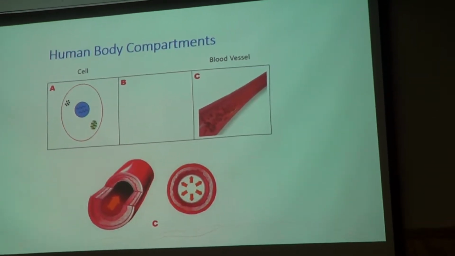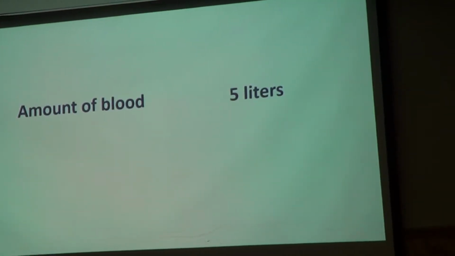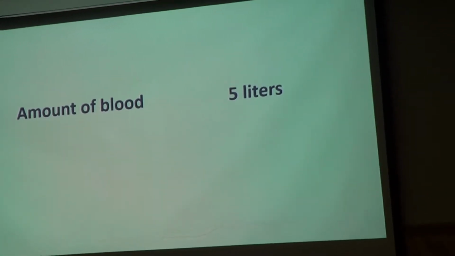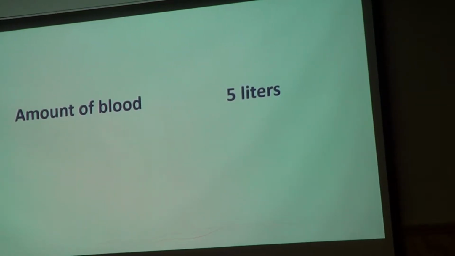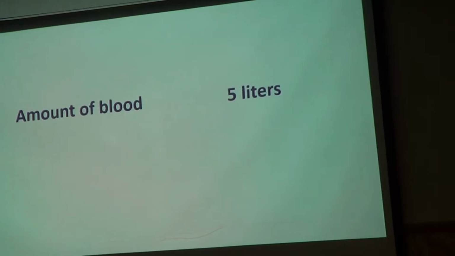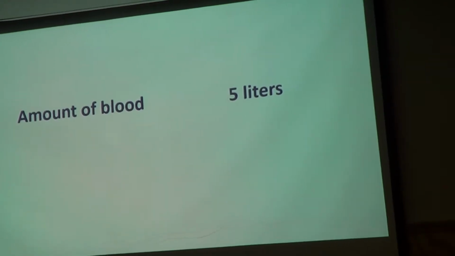Now what is in the blood compartment? How much blood do we have? 5 liters. It's red. If I take the red part out of blood, what is left? Anybody?